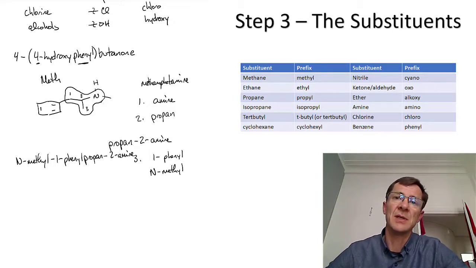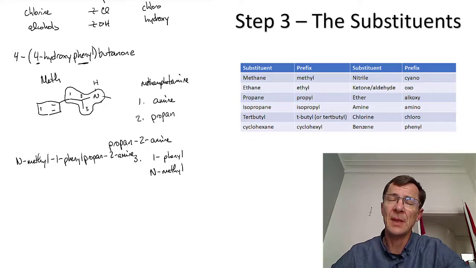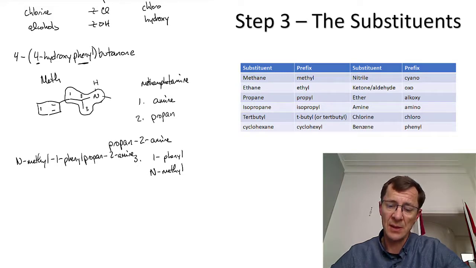Now you might ask yourself at this point, now that we've done 2 of these that have multiple substituents, how is it that we list them in the front? That is both simple and tricky. We list them alphabetically. So here, M for methyl comes before P for phenyl, so it's N-methyl, 1-phenyl.